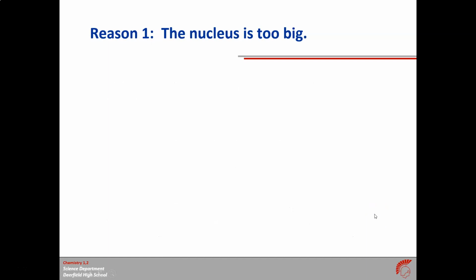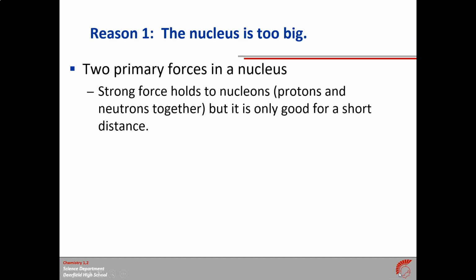Okay, so let's get back to these different reasons. The first reason that a nucleus could be unstable is because it's just too big. In the nucleus, there are two forces, something called a strong force that holds the nucleons. Nucleon is a generic word we give to protons and neutrons. The strong force holds those nucleons together. The strong force is an attractive force, but it's only good over a very, very short distance.